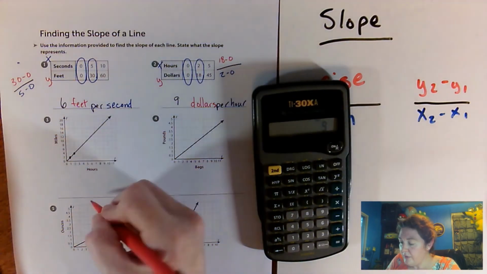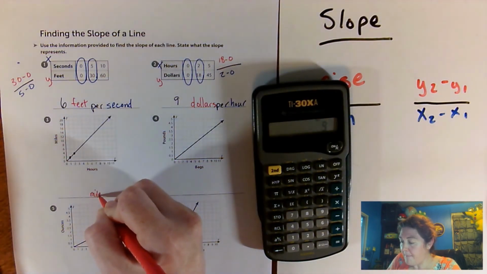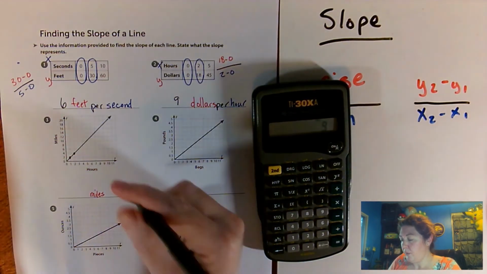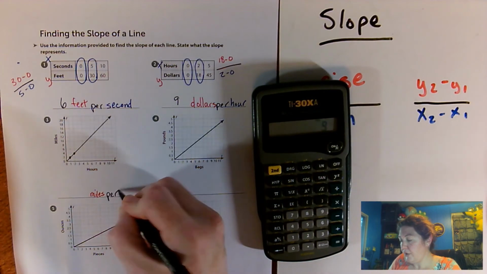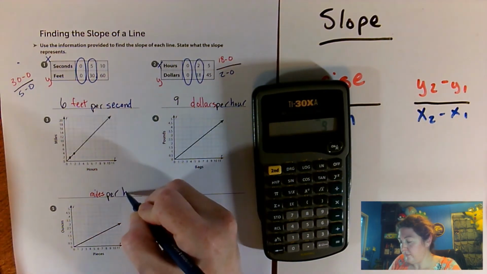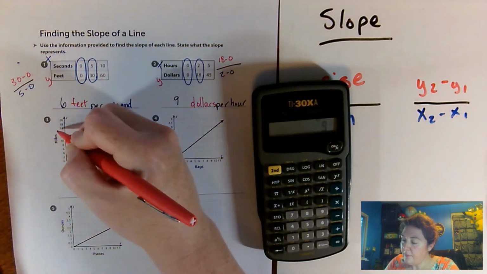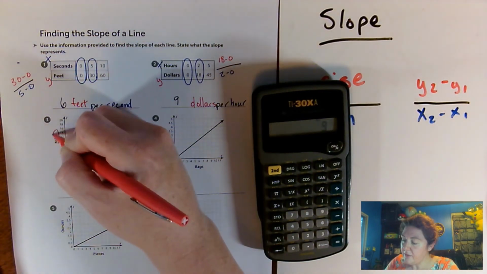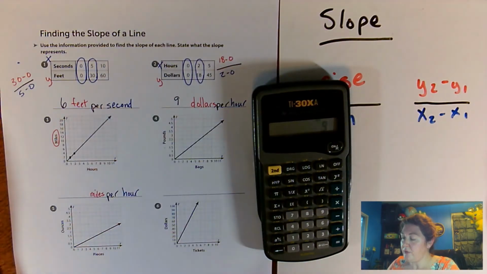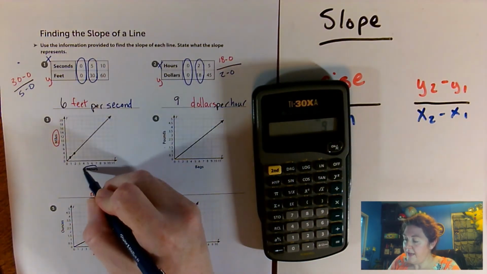I know that I'm saying miles per hour. Miles is on my y-axis. Hours is on my x-axis.